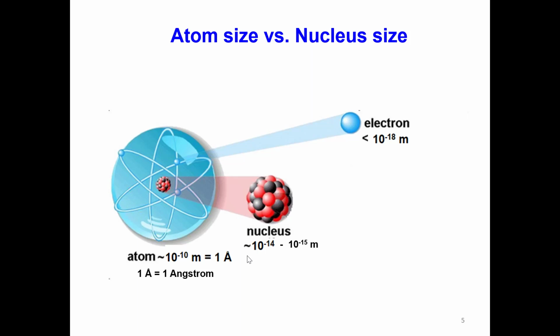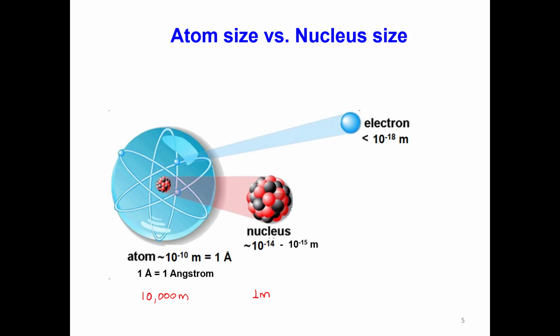Let me explain what order of magnitude means. For example, if the size of the nucleus were 1 meter, then the size of the atom would be 10,000 meters. We can see here we have 4 zeros.